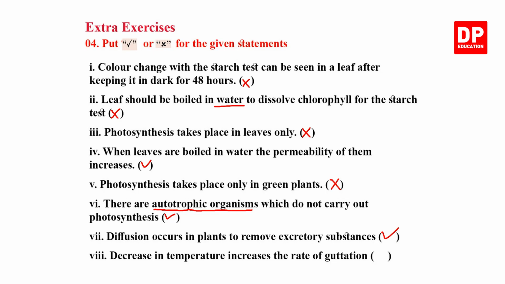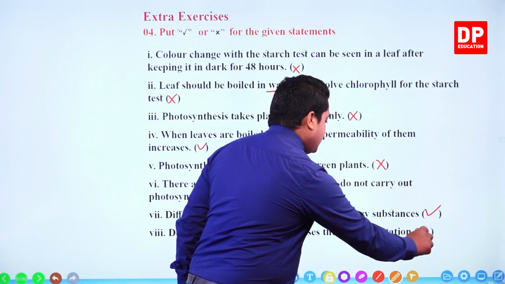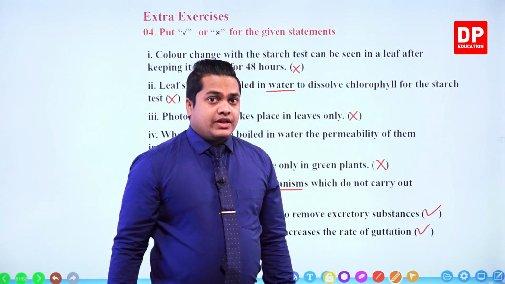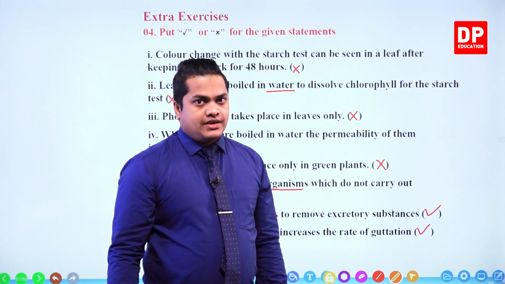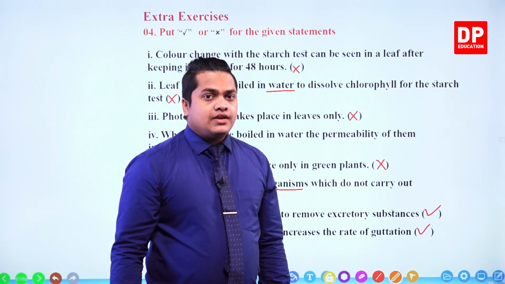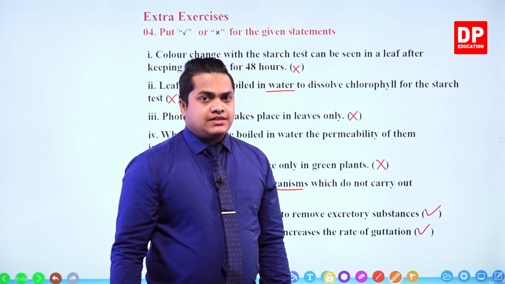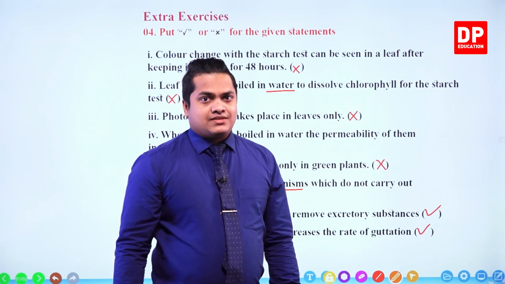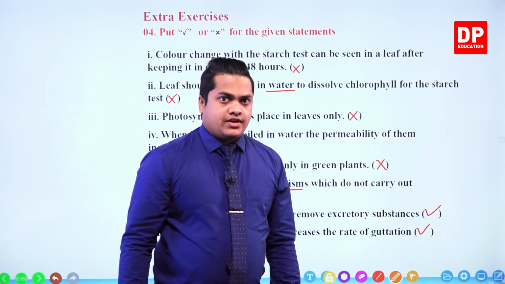Decrease in temperature increases the rate of guttation. That is correct, because that is what happens at night time upon increasing the humidity. Increase in humidity means lowering the temperature. So decrease in temperature increases the rate of guttation. That is correct.